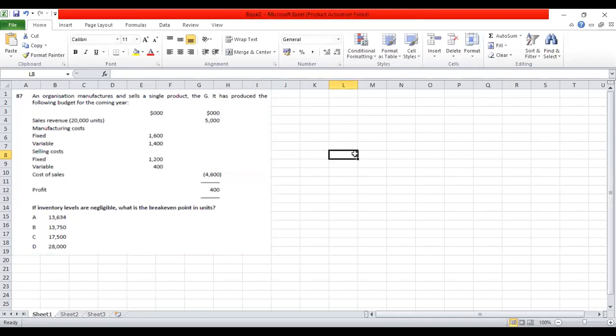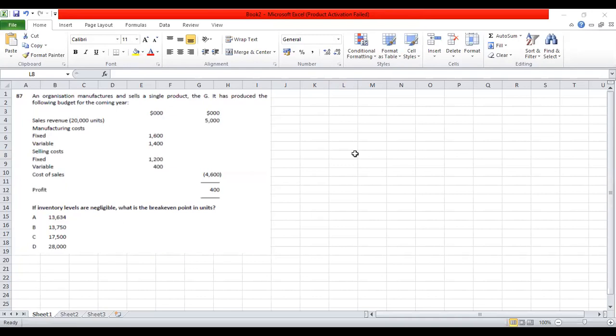Question number 87. It says an organization manufactures and sells a single product, the G. It has produced the following budget for the coming year. We see sales revenue is 20,000 units. The value of it is 5,000. Then manufacturing costs are given, fixed and variable.